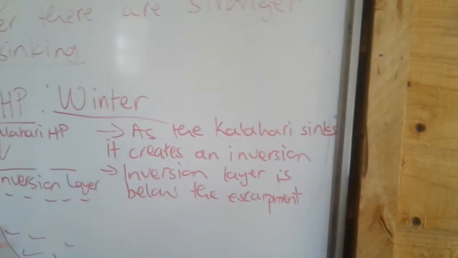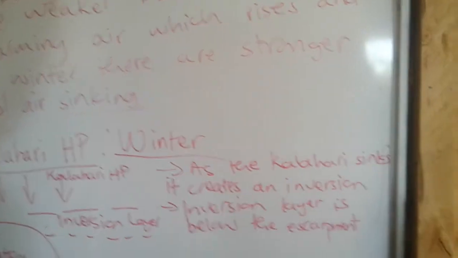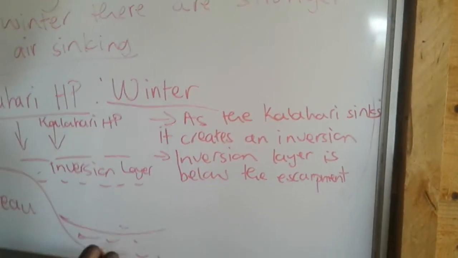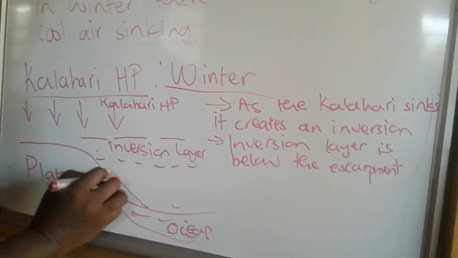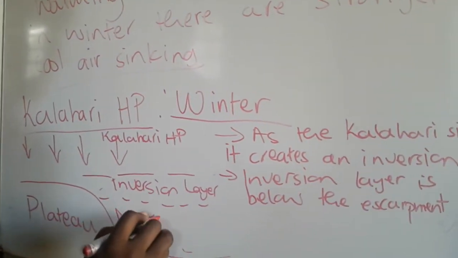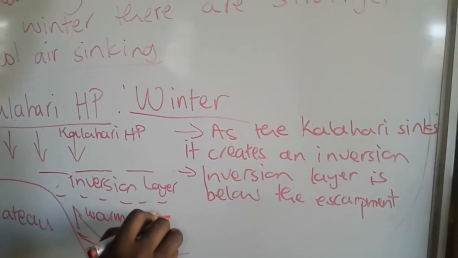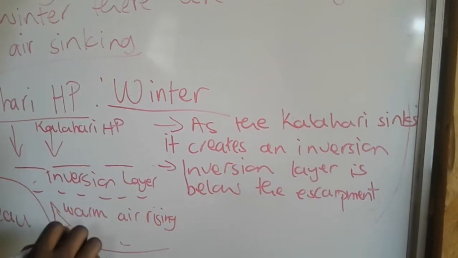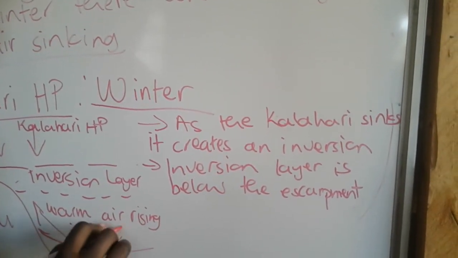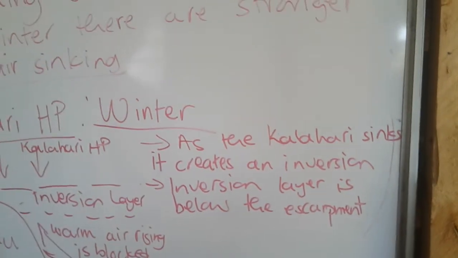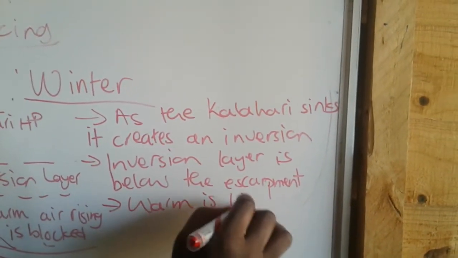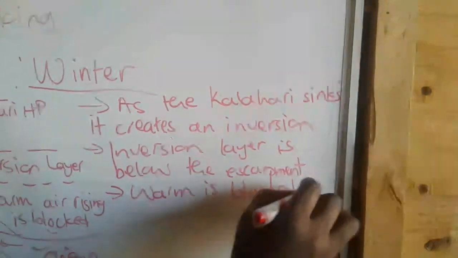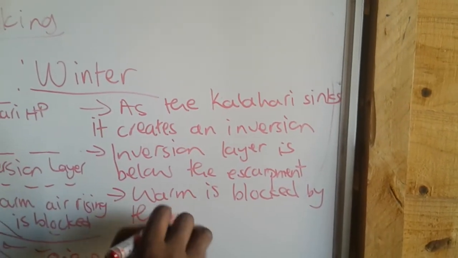This is the ocean here. As it falls below the escarpment, it means warm air that is rising is blocked by the inversion layer.